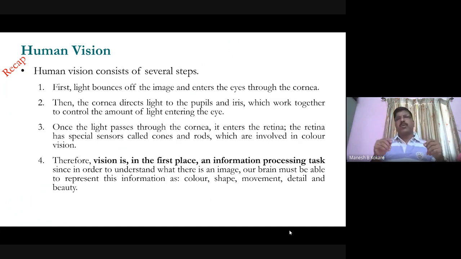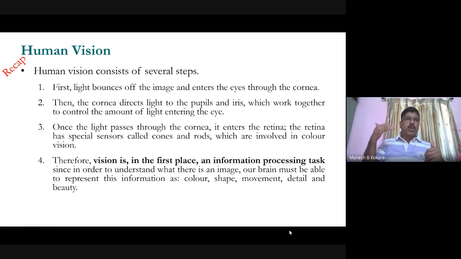I think we saw about 11 differences. Cones are involved in color vision, and rods are involved basically in dim light vision. So there are two types of sensors in the human vision system: one is the rod and the other is the cone. And then the image is formed on the retina.